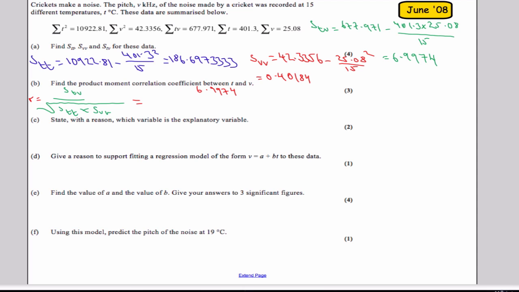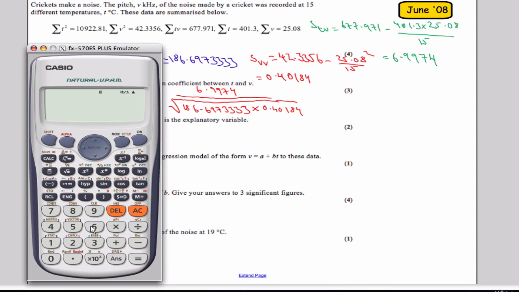By the way, this is R. 6.9974 divided by the square root of STT, which is 186.6973333, multiplied by 0.40184. It may seem cumbersome to put these digits in like so, however, it maintains our accuracy.